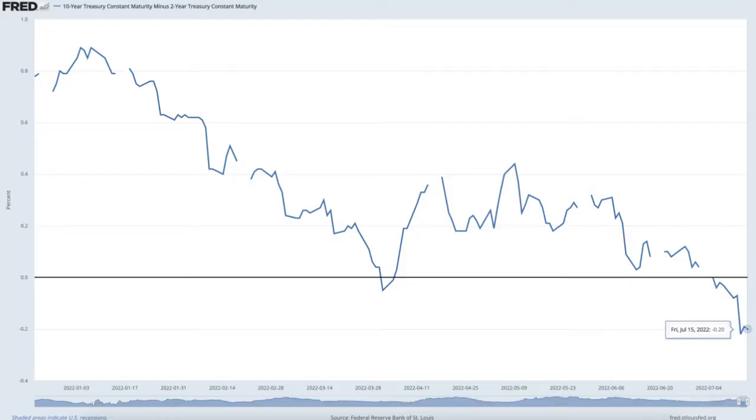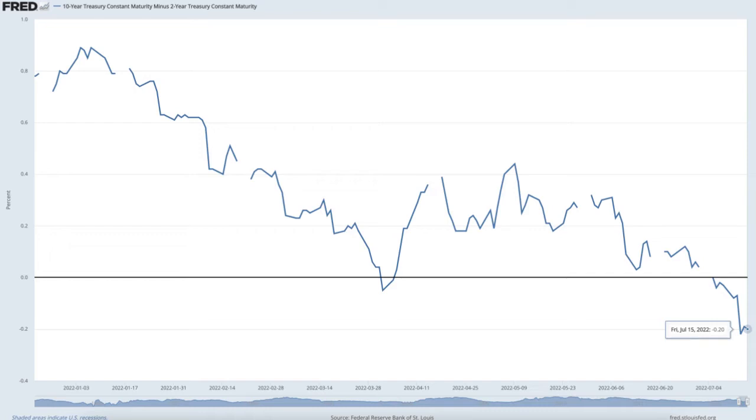What's important to note on this chart is that in 2022, we now have an inverted yield curve between the 10-year and 2-year treasuries that first flashed in the beginning of April temporarily, before turning positive again.